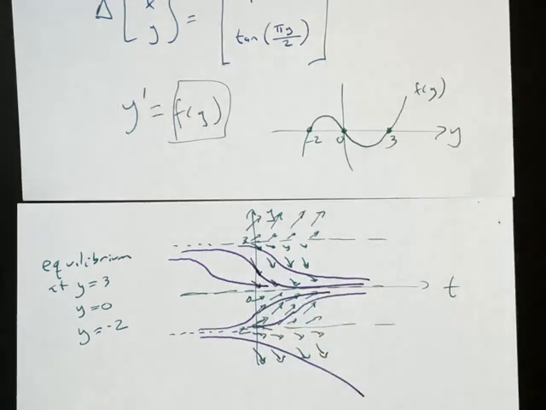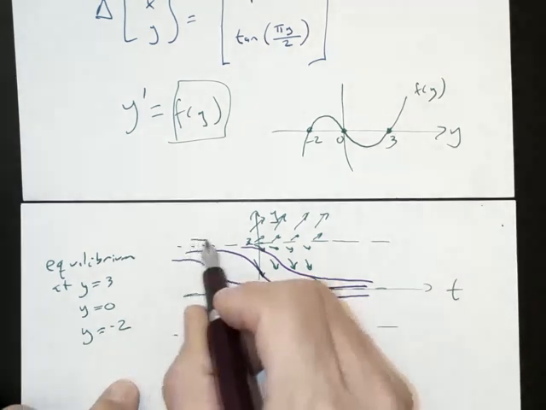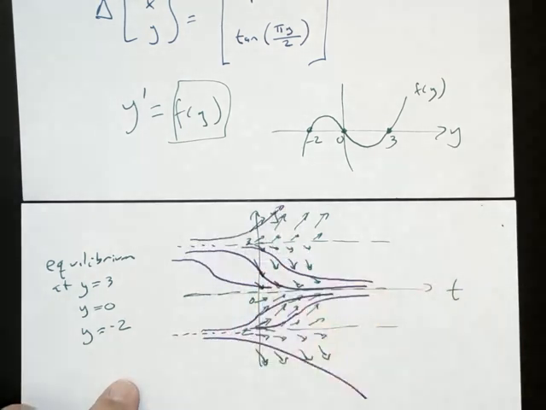Like that, right? What about above 3? Okay. I've got two different behaviors, my equilibrium solutions.